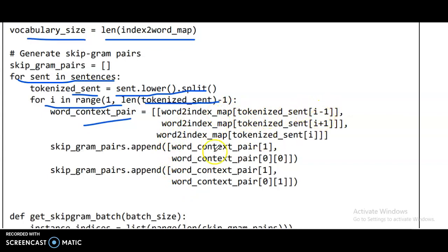Here all are almost the same, so the only change is i plus 1. Then skip_gram_pairs.append for the context pairs, e.g. [1, 0], [0, 1], [1, 0].